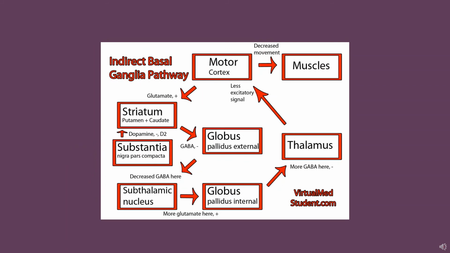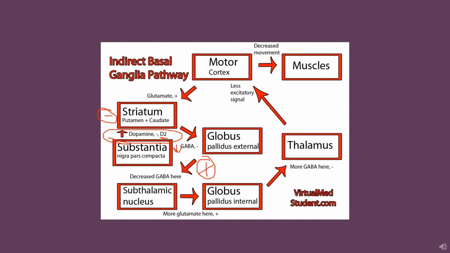Talking about the influence of the substantia nigra on the indirect pathway, the release of dopamine through the nigrostriatal pathway acts on the D2 receptors within the striatum, which is an inhibitory receptor, inhibiting the GABAergic neurons within. If these neurons are inhibited, less GABA is going to be released at the globus pallidus external, resulting in stimulation of the GABAergic neurons coursing from the globus pallidus external to the subthalamic nucleus.